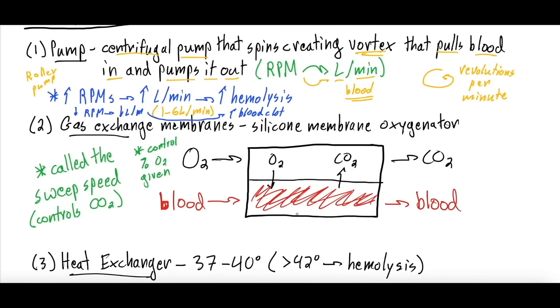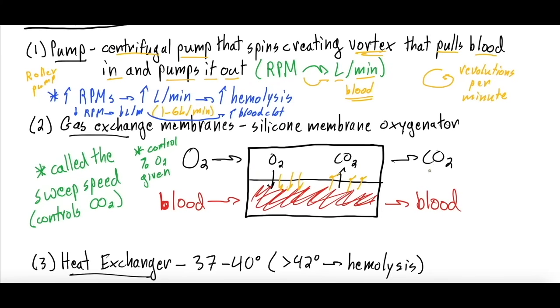What happens is the blood gets pumped through this membrane, and on the other portion of the membrane, you're sweeping gas through it. That gas sweeping through it is full of oxygen. So the oxygen diffuses into the blood, whereas the carbon dioxide diffuses out of the blood.